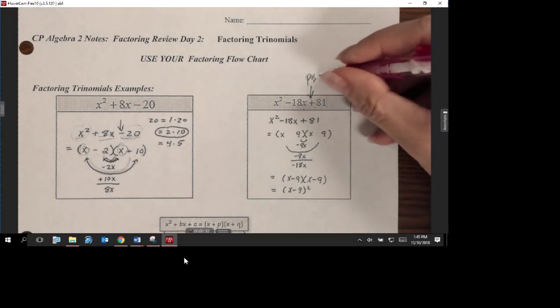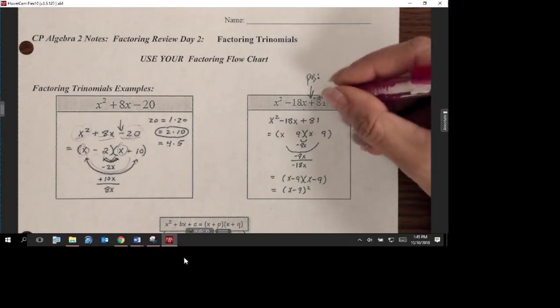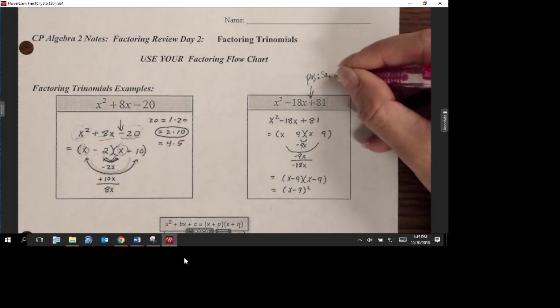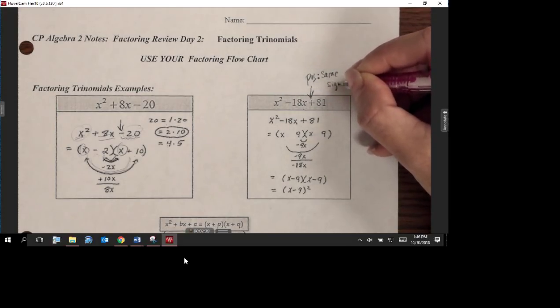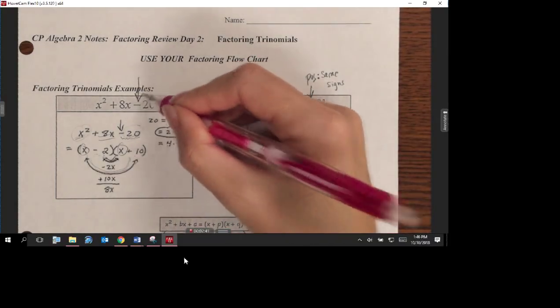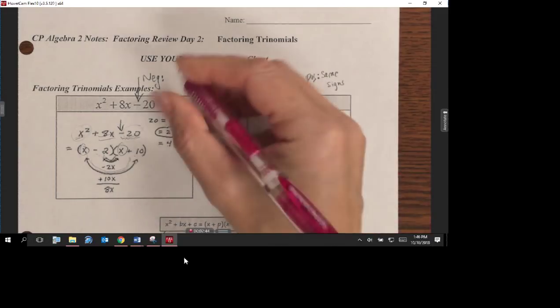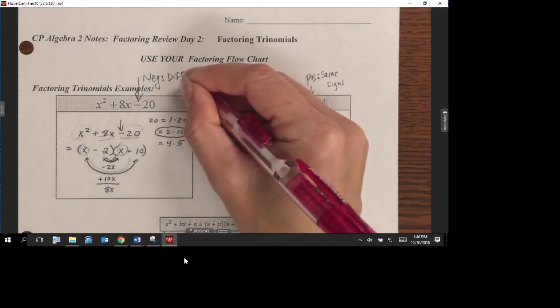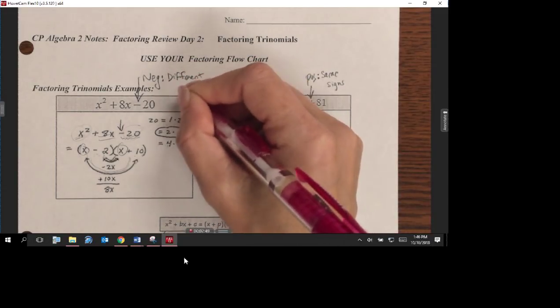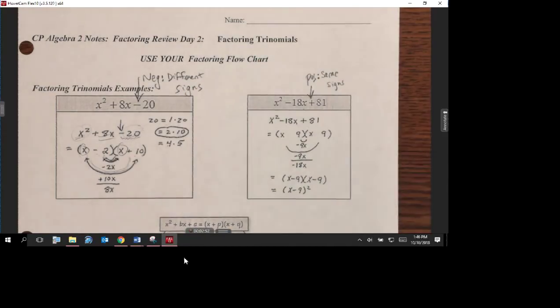So if this last sign is positive, it means in your factored version, we have the same signs. If this last number is negative, in your factored answer, you're going to have different signs. That's going to help you when you're guessing and checking.